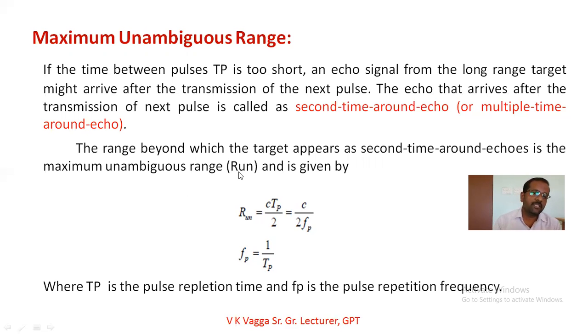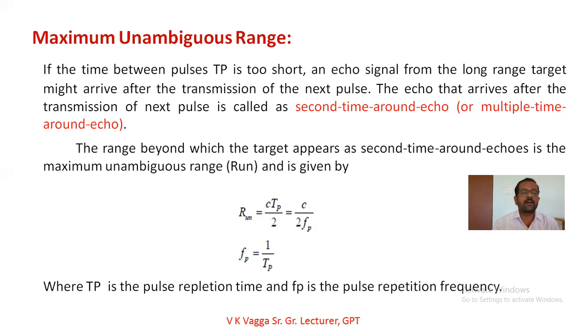So in this case, the maximum unambiguous range means it allocates the interval period. If the signal is transmitted, it can receive the echo signal within the allotted time. If it comes within the allotted time, it is accepted as it is.